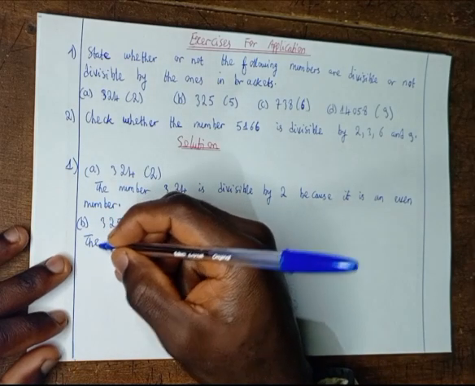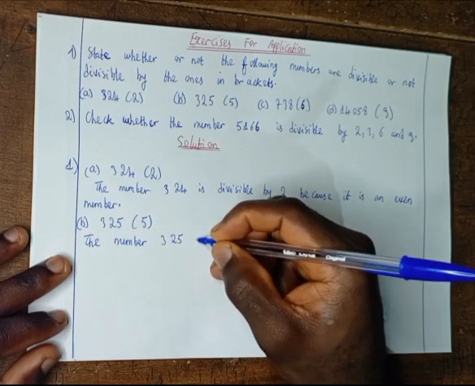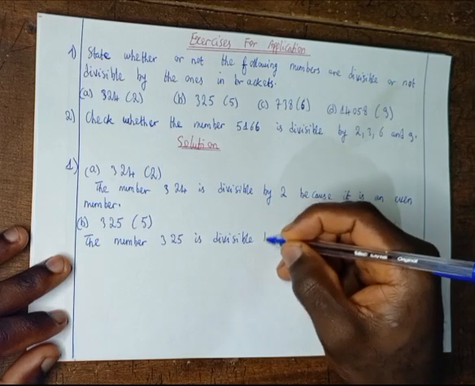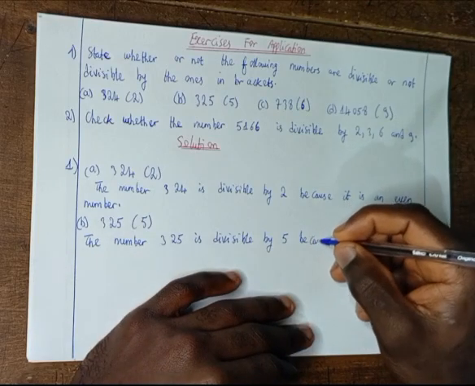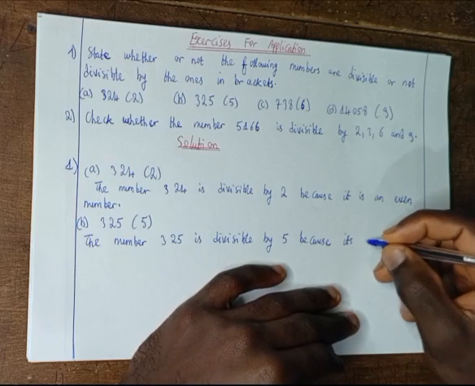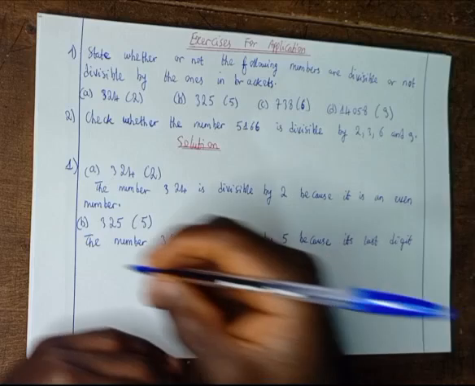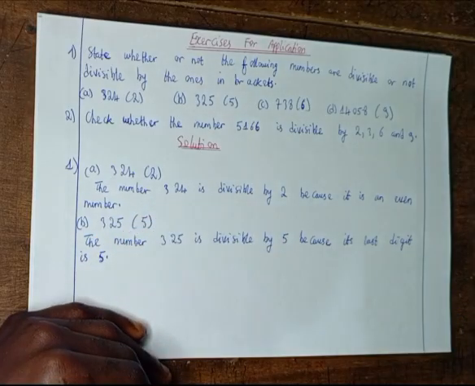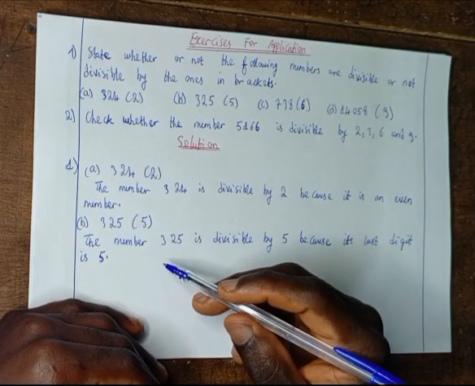The number 325 is divisible by 5 because its last digit is 5. Remember, a number is divisible by 5 if the last digit of that number is either 0 or 5.